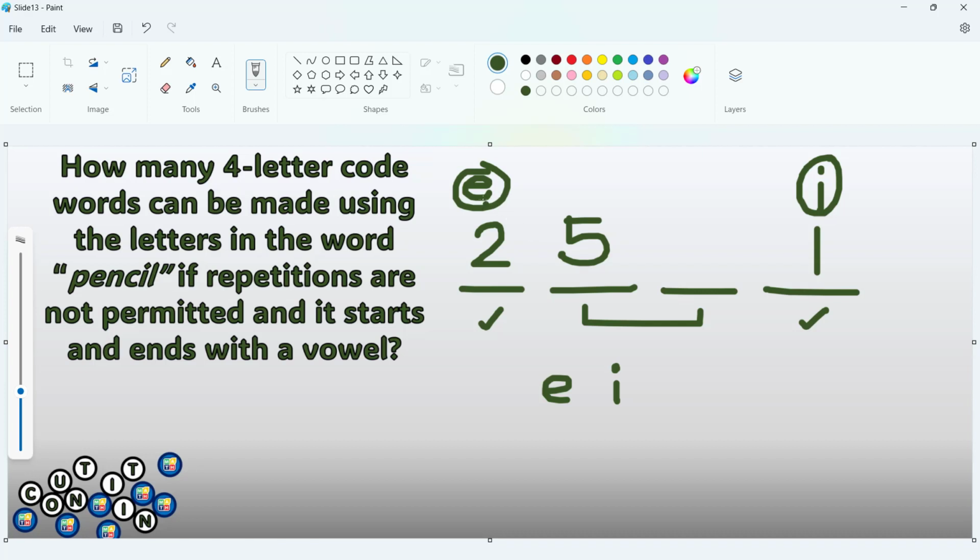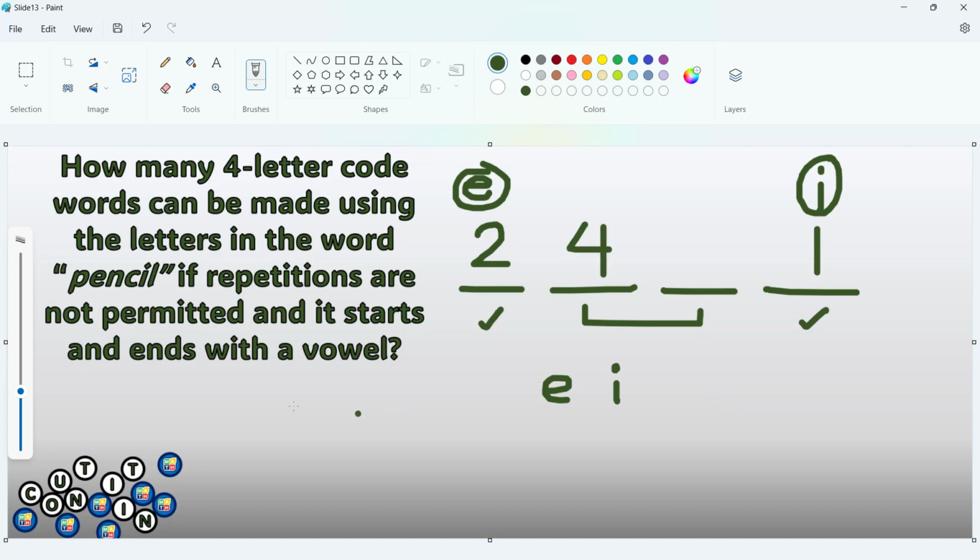In short, if I'm using E here, I only have the letters P, N, C, and L, since I is surely to be placed on our last placement. So instead of 5, we only have 4 consonants.